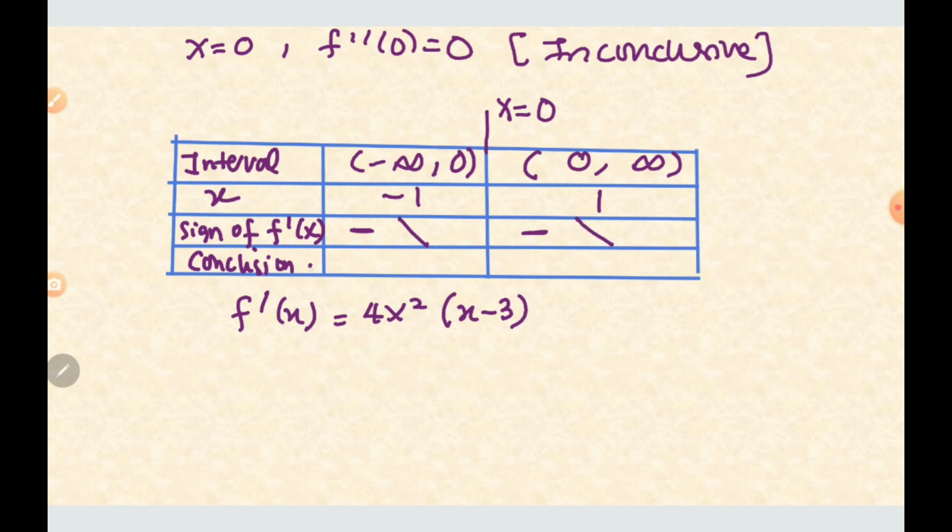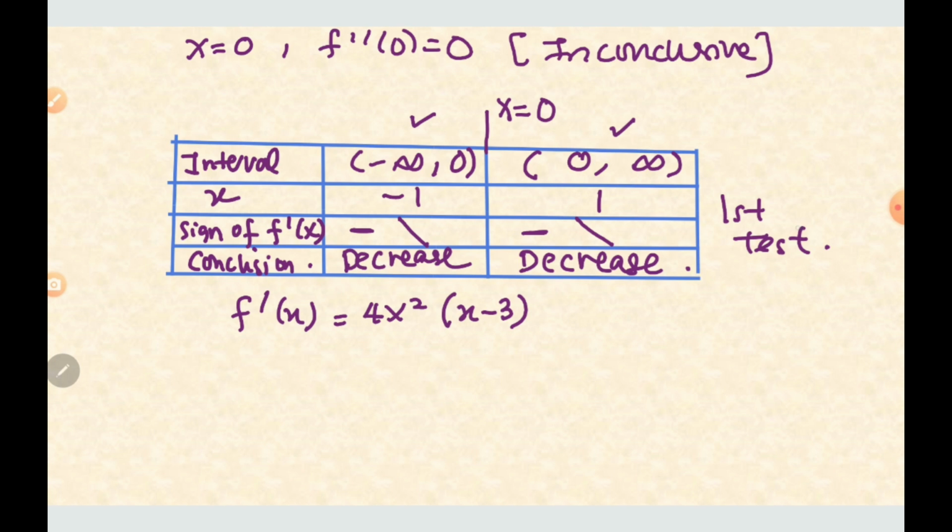Therefore, our conclusion is the function f(x) is decreasing on the interval from negative infinity to 0. What about from 0 to infinity? The function also decreases, going down.